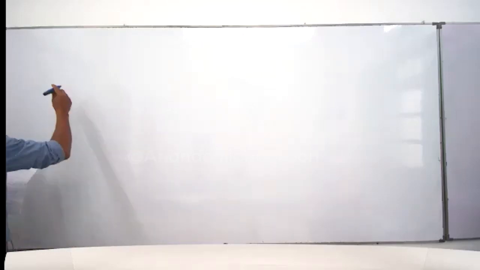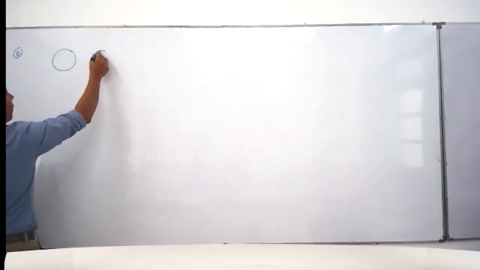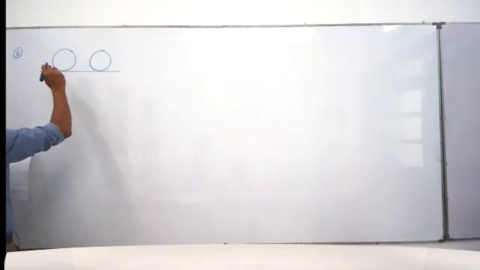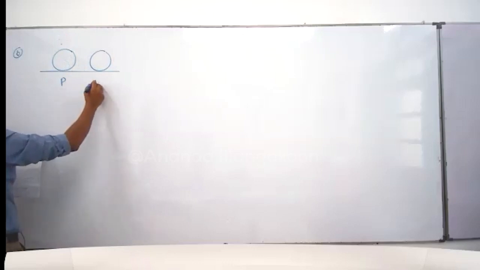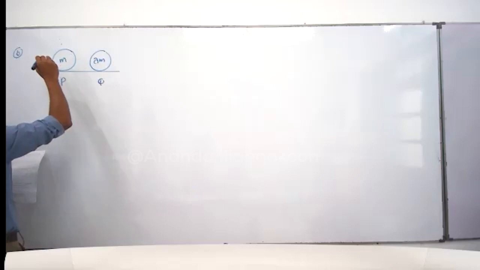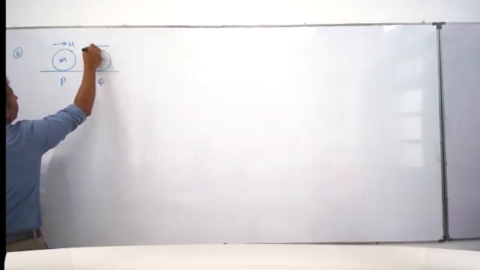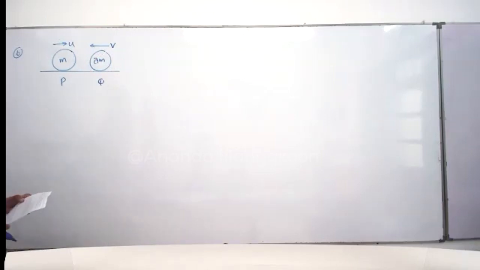Right. This way, P here, Q here, lambda m, this is the same. They move with speed u and v respectively. So this is u, this is v, right?